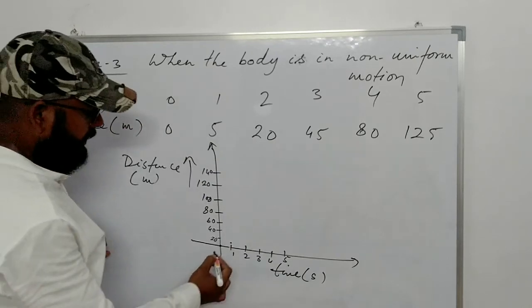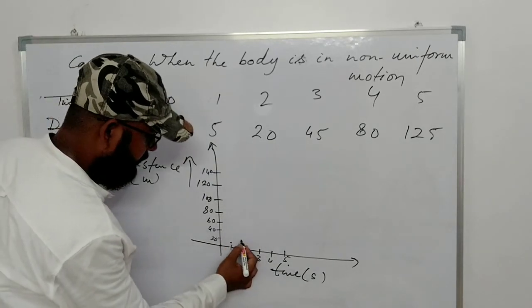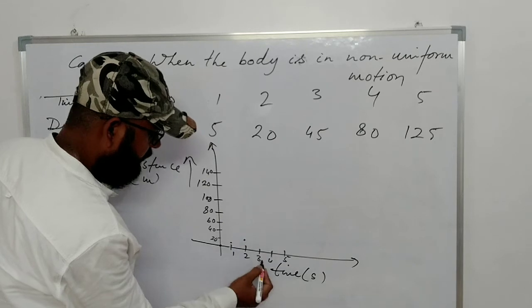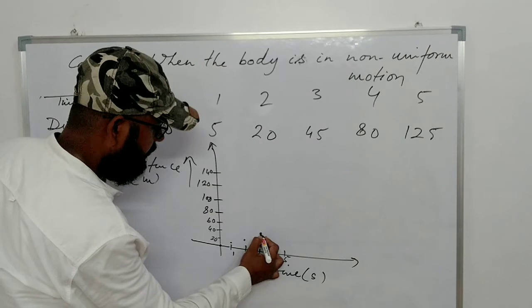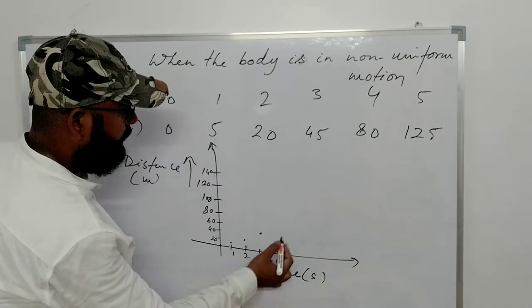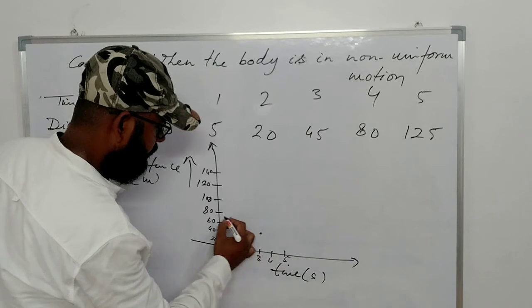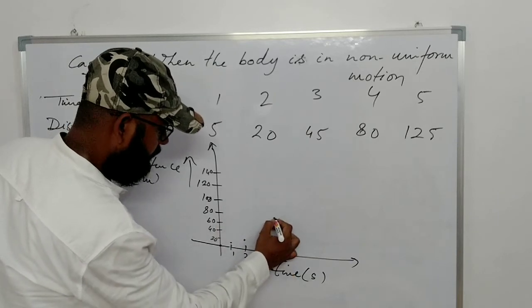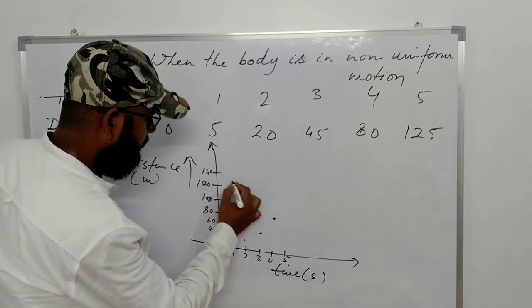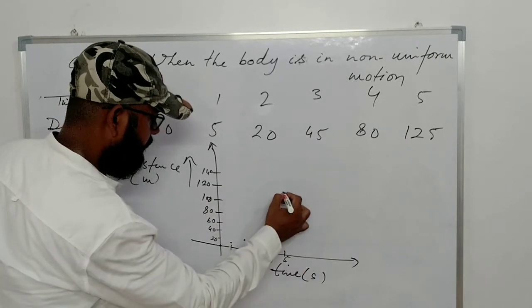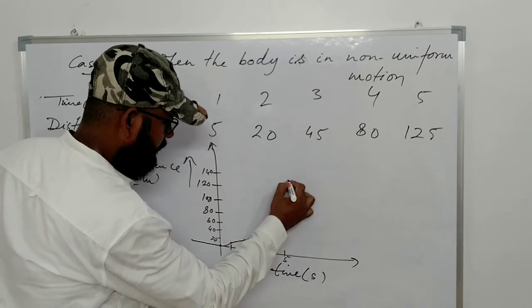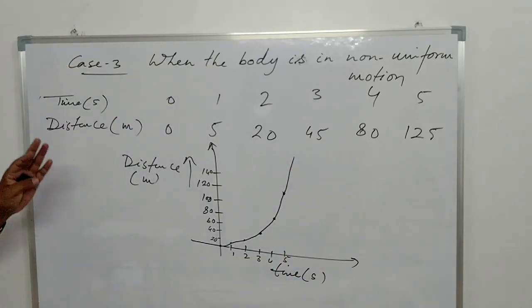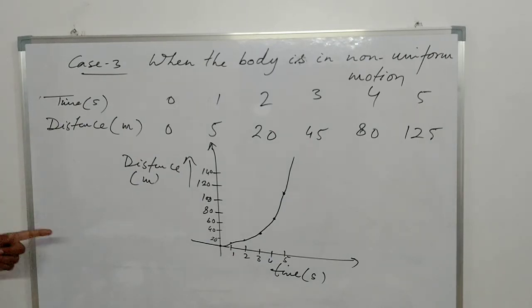At 2, it is at 20. At 3, 45 means here. At 4, 80 here. At 5, 125, near about here. So the graph will be like this, a curve. So the distance-time graph in this case is a curved line.